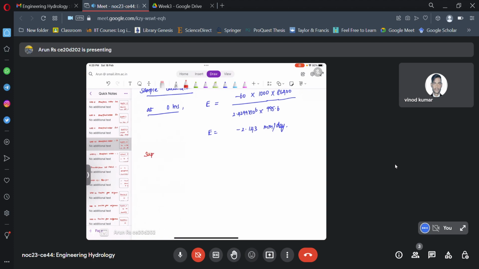But there is a condition. Suppose at 0 hours, if the temperature of the air is equal to your dew point temperature, then what will happen?